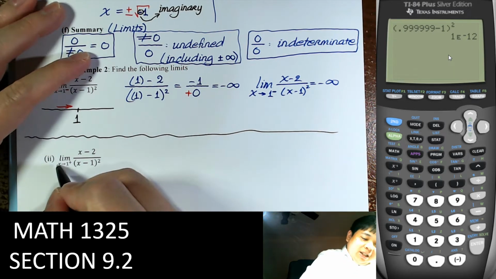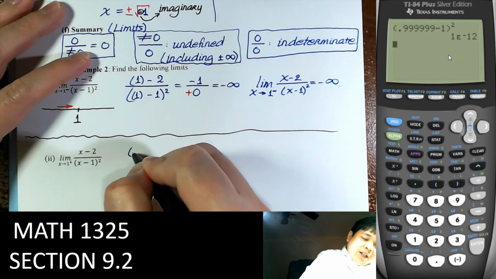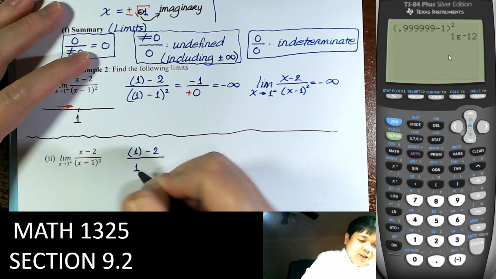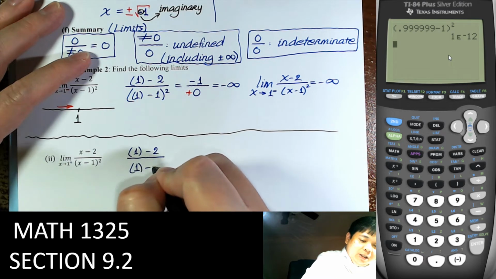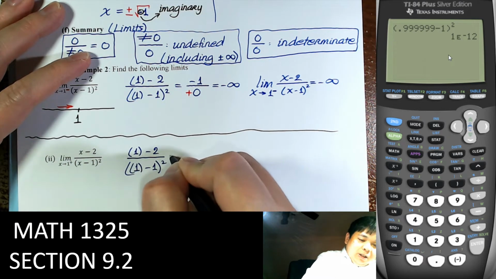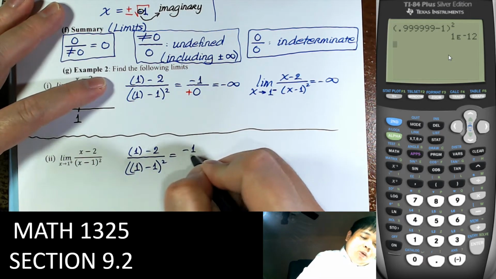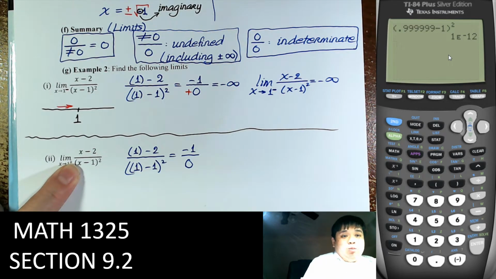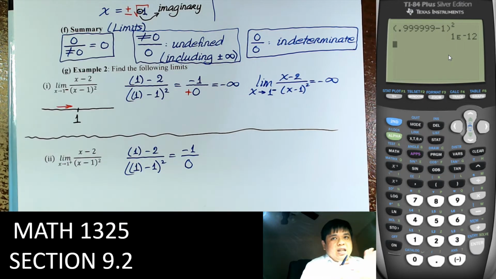Right, next. When x equal to 1, again, this is 1 minus 2. Again, we have negative 1 over 0. Also, this is a one-sided limit. We have to know what happened. It goes to 0, but is that going to be a positive number or negative number? So something greater than 1, I would say 1.0001, like this.